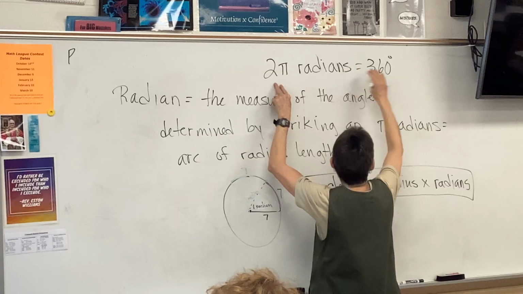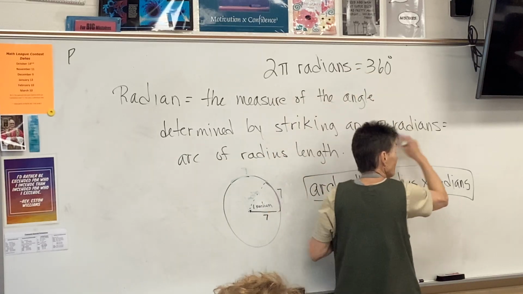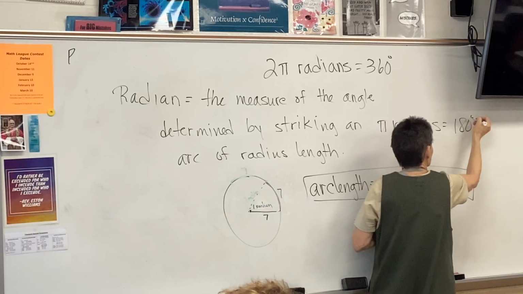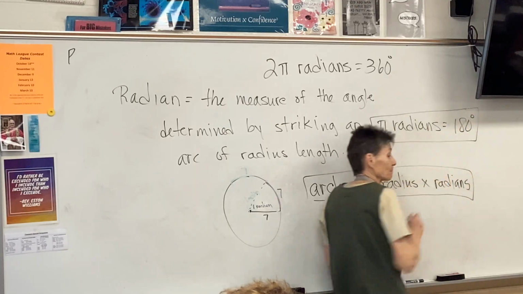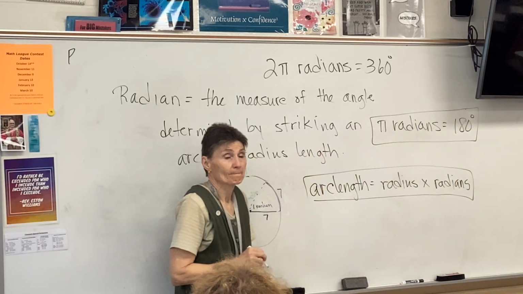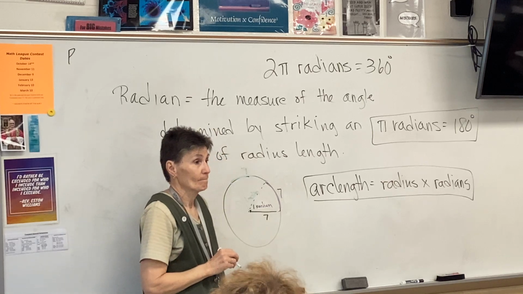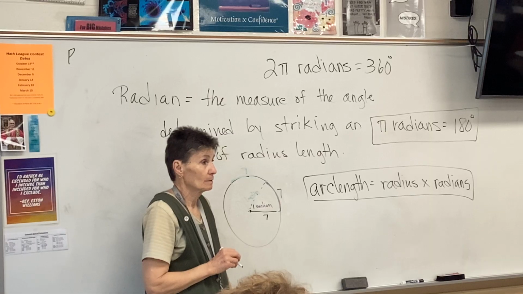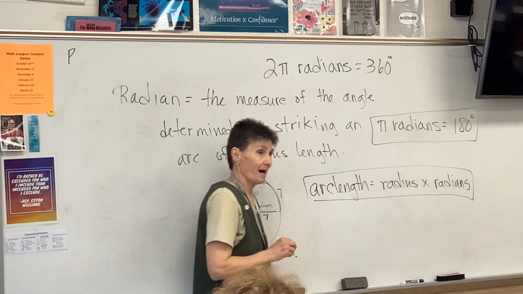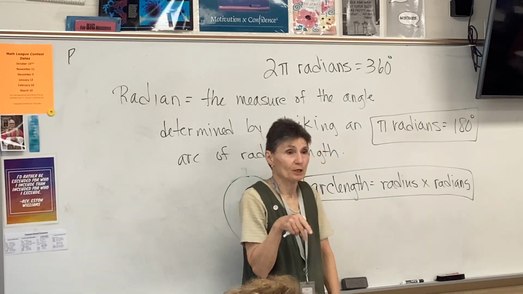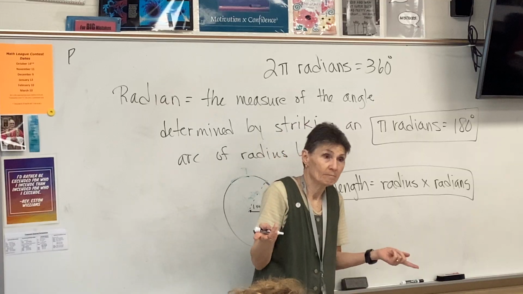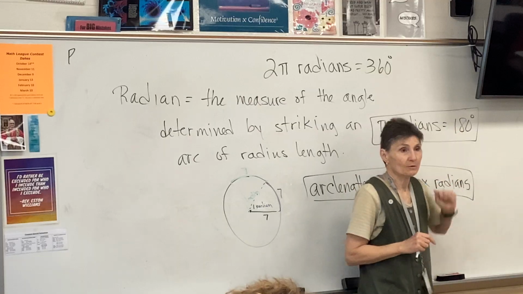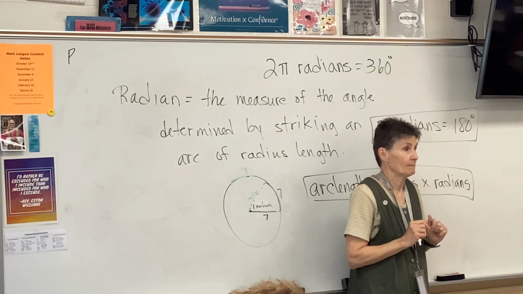If 2 pi is 360, 1 pi would be 180. Write that down. So just like 12 inches is 1 foot, those are equivalent. Pi radians is 180 degrees. Those are equivalent.